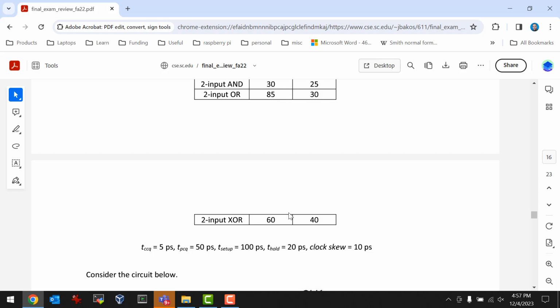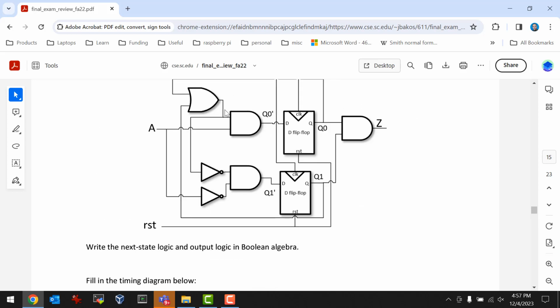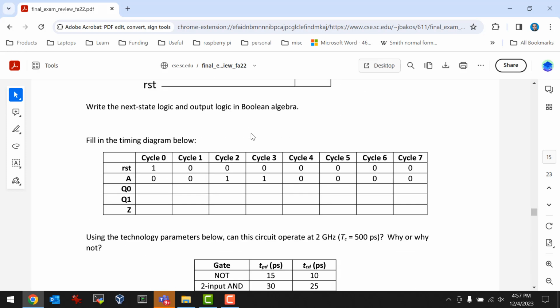You guys remember what that is? That's the time it takes to actually change the output of the flip-flop, the flip-flop's propagation delay. And then we have to add the delays of the logic, the critical path delay. What's the critical path? Probably these two, the OR gate and AND gate.